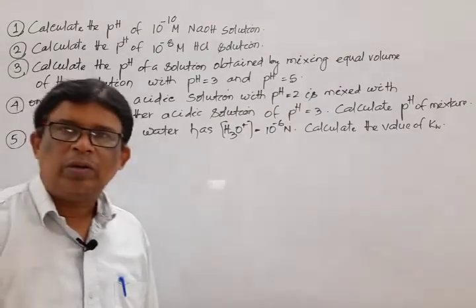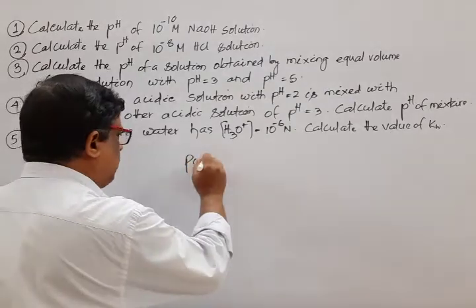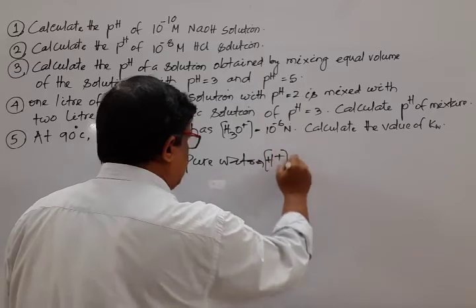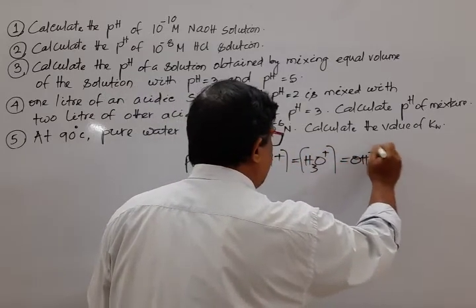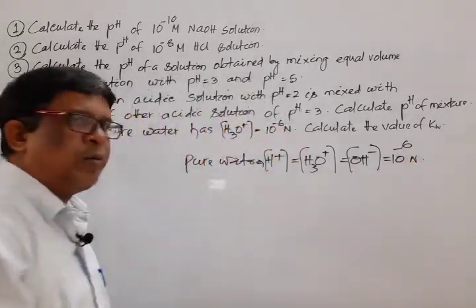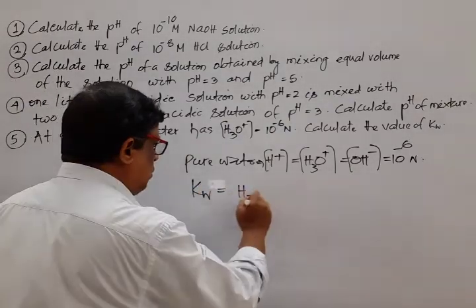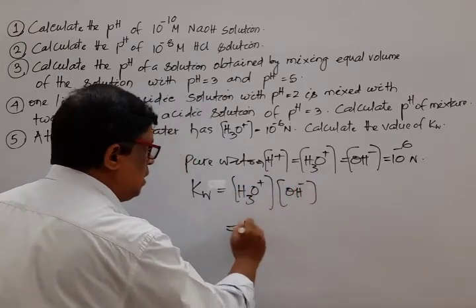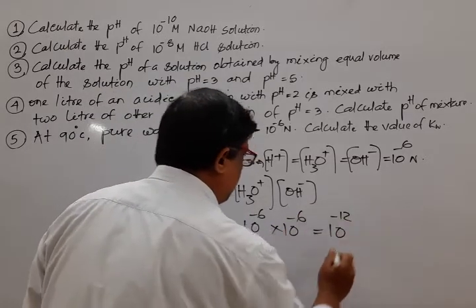Mark that. We know in the case of pure water, the H plus ion concentration is equal to the H3O plus ion concentration, which is equal to the OH minus ion concentration, equal to 10 to the power minus 6 N. And we know the ionic product of water Kw is equal to the H3O plus ion concentration into the OH minus ion concentration, 10 to the power minus 6 into 10 to the power minus 6, which is equal to 10 to the power minus 12.